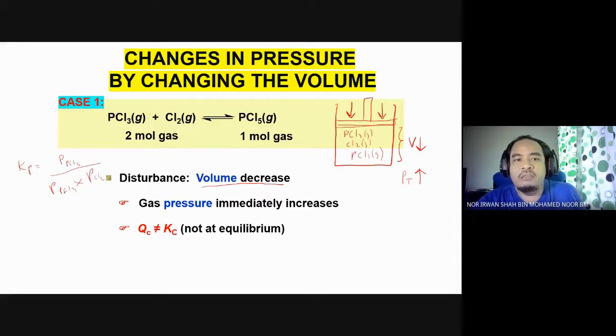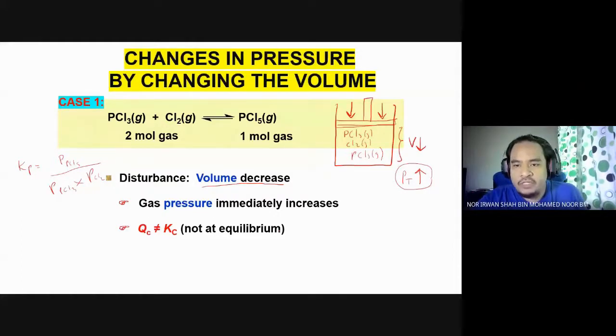Remember the Kp expression for this system. So right now, if we decrease the volume, the total pressure increases. And it is not just the total pressure, actually the individual partial pressures of each of the three gases also increase. Why? Because class, for example, let's say we take this PCl5 for example.